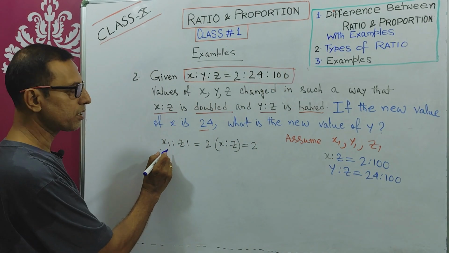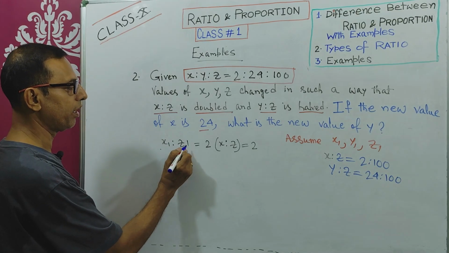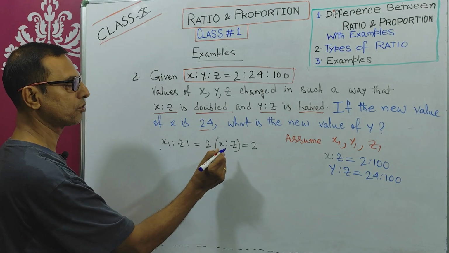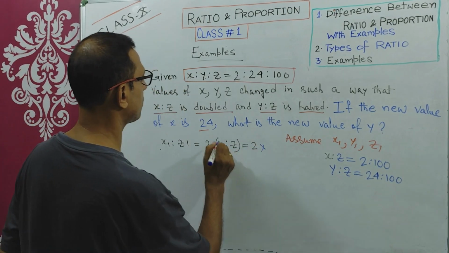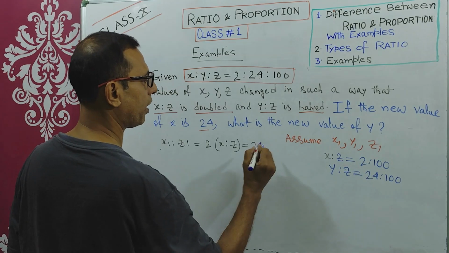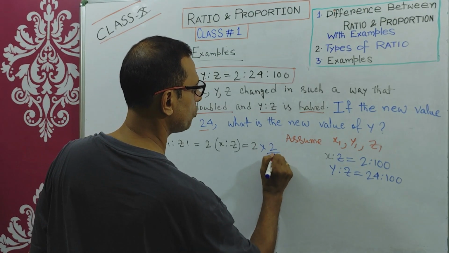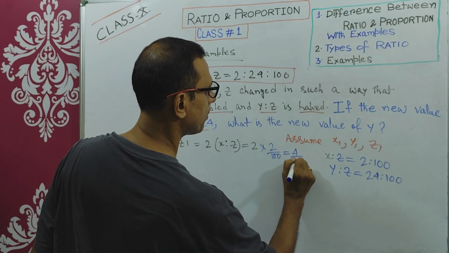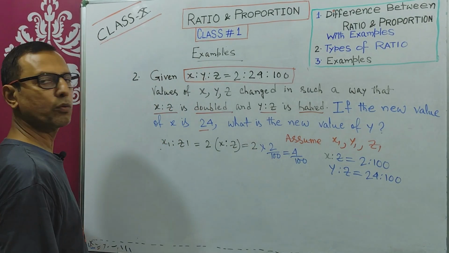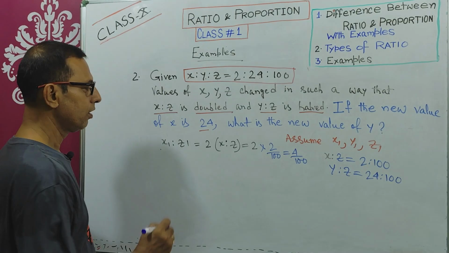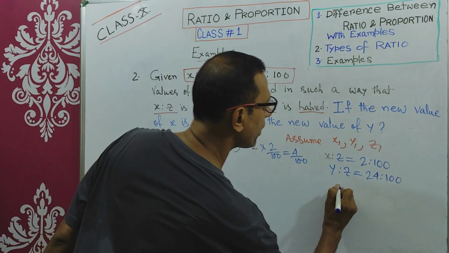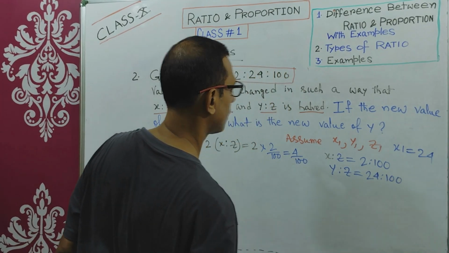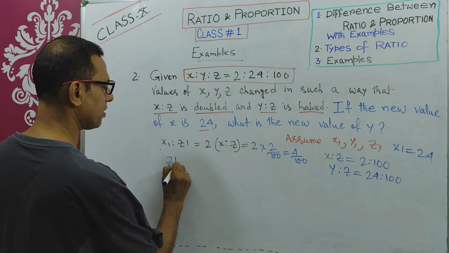So as per the new value, x1 is to z1 equals to doubled of earlier x is to z. That means 2 of x is to z equals to 2 into x is to z is 2 is to 100. That means 2 by 100. So 2 times 2 by 100 equals to 4 by 100. That is x1 by z1. So now x1 is given 24. So how much is z1?